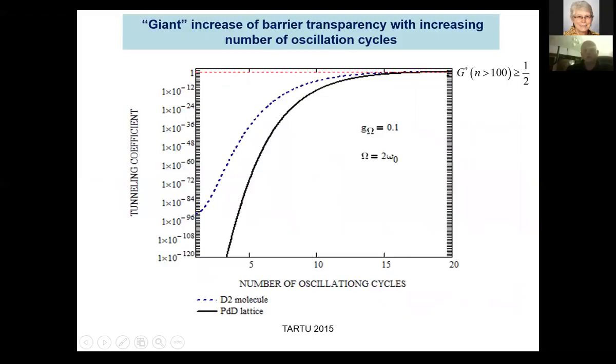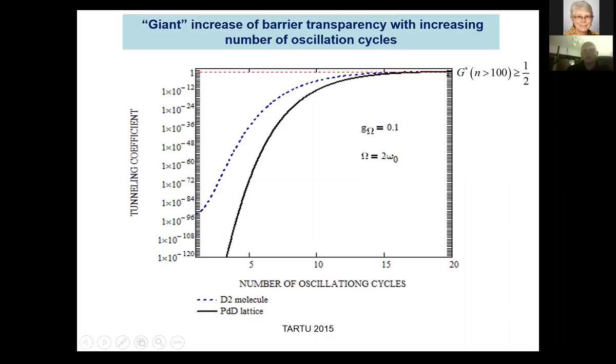If this is so, then the tunneling coefficient starts to increase with increasing number of the oscillation cycles enormously, from 10 to minus 100 and less, practically to unity.